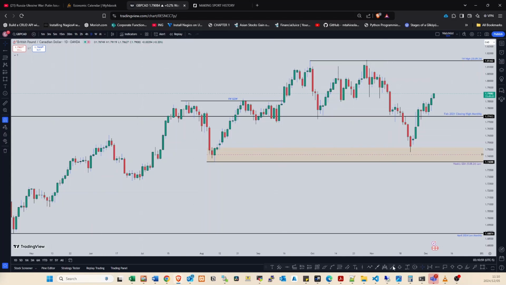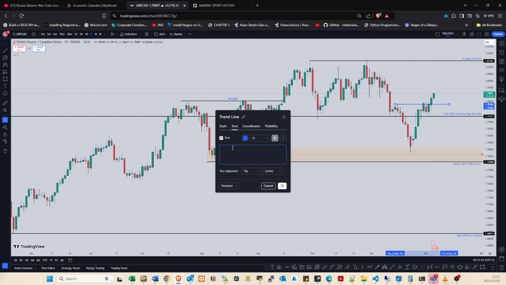So come here, take this, and this. So we'll change this. This is the one that started the move. It has since shifted to be the one that gave way.